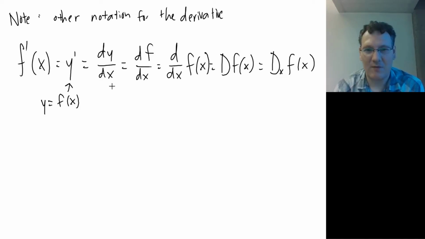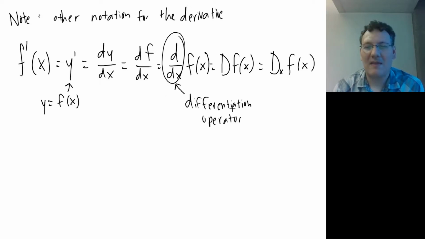The d over dx that we see here, again, this is what's known as a differentiation operator. And then this capital D f of x, or this capital D with a subscript x, this is also a differentiation operator. It's just saying the derivative of f of x.